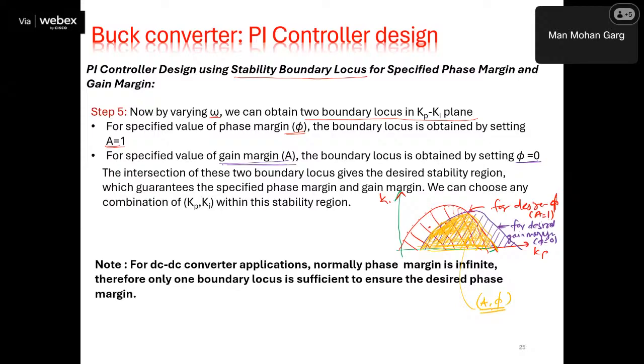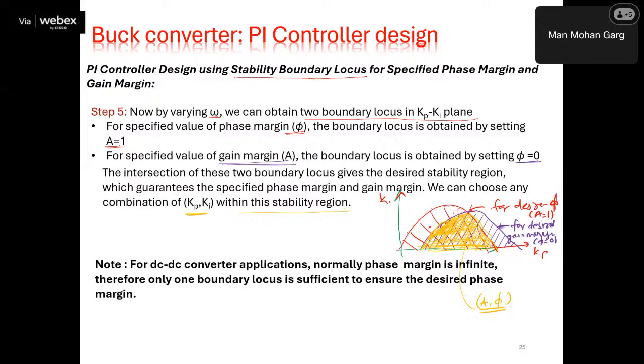So the intersection of these two boundary loci gives the desired stability region, which guarantees the specified phase margin and gain margin. We can choose a combination of Kp, Ki, which should obviously be positive, within this stability region.